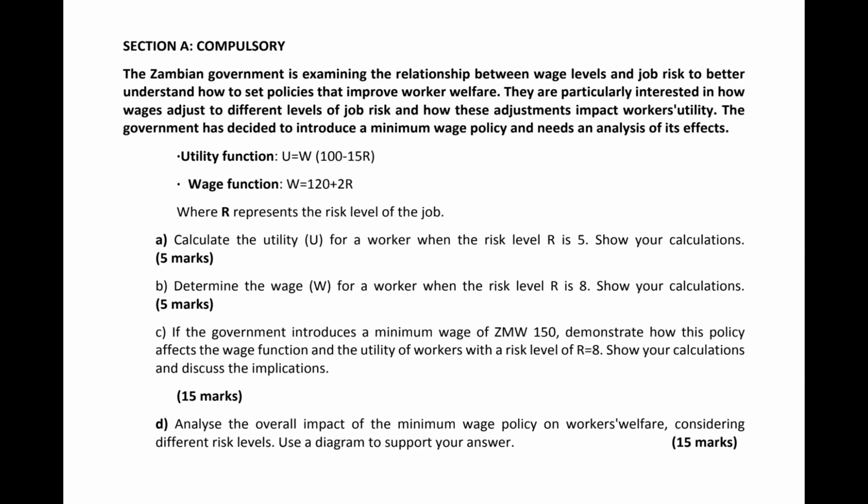So our new utility function shall be 130, that is where wage is, times 100 minus 15R.